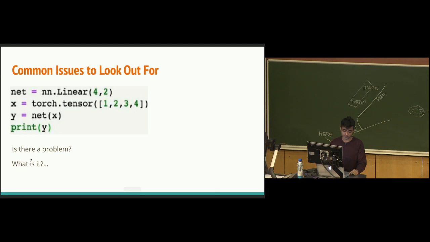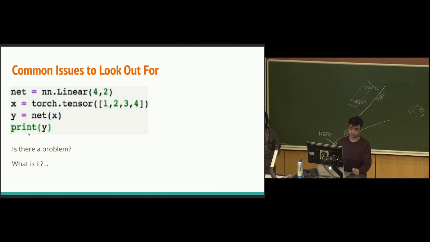And then some other small bugs which can be hard to find. I mean, this is not very hard to find, but here I have a network whose input size is 4 and output size is 2, and my x tensor is a 4-dimensional tensor, and the batch size is 1.